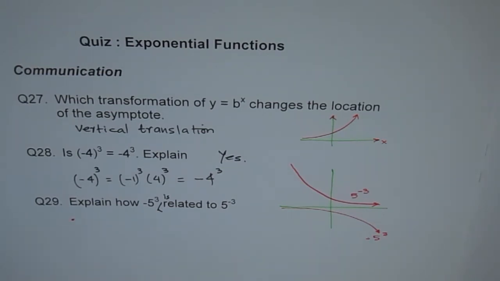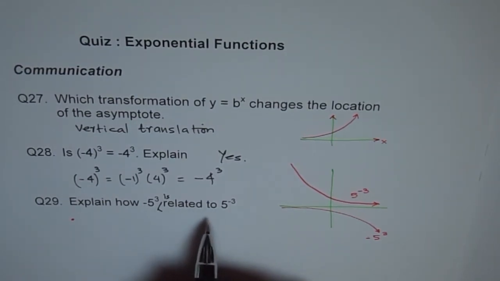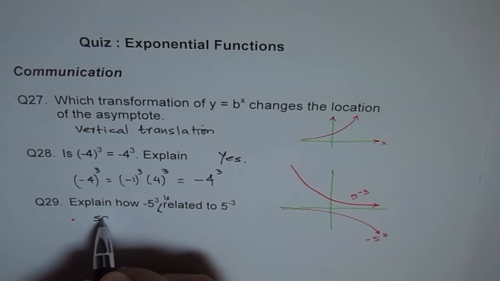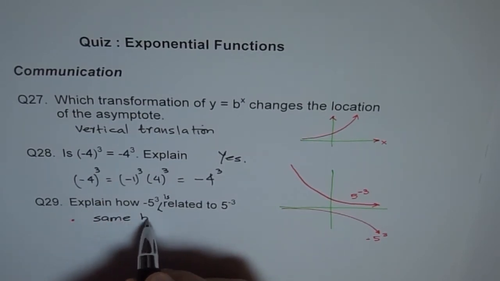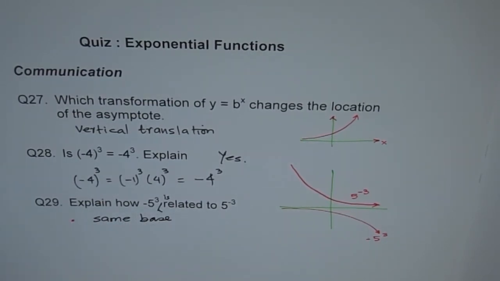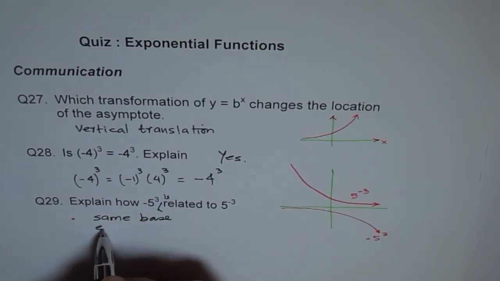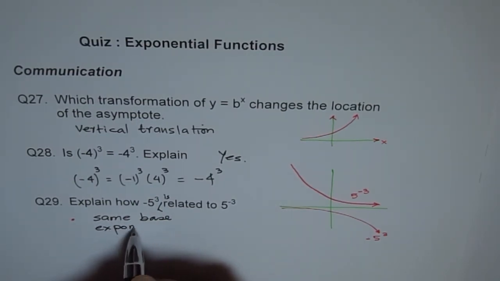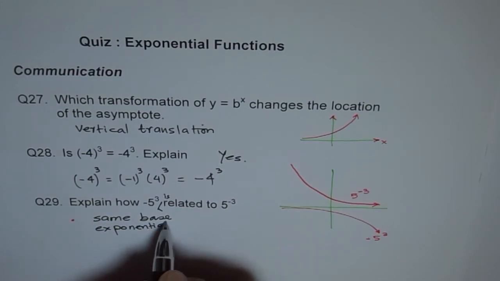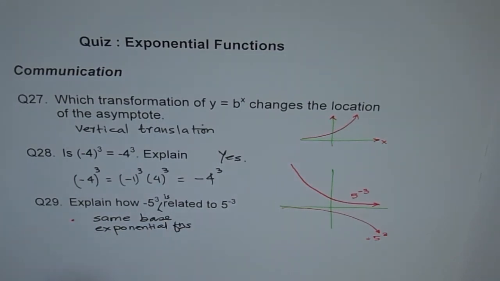Do you understand? So one relation, of course, is very important, and that is they have the same base, right? And second is that they are both exponential functions, right?